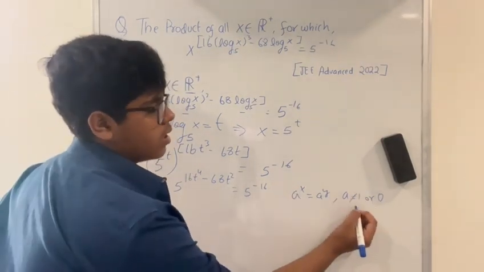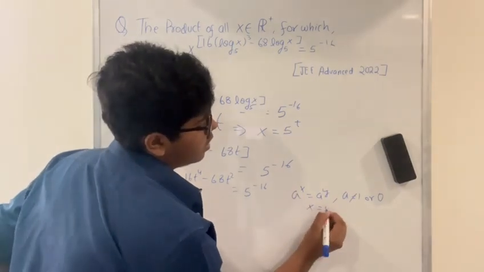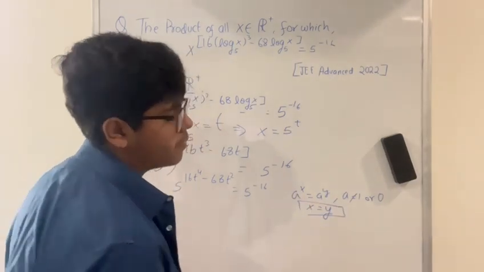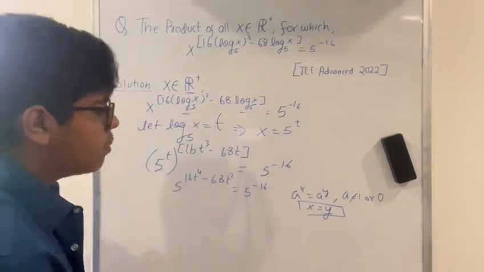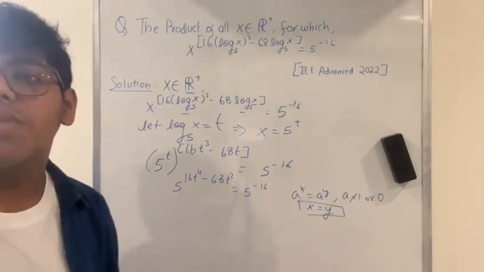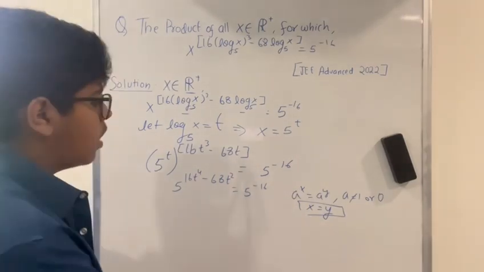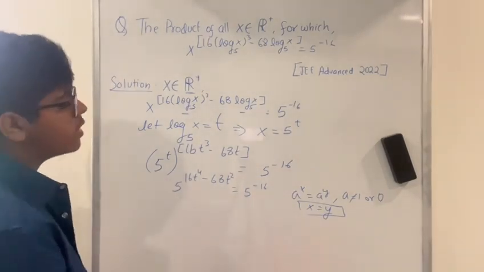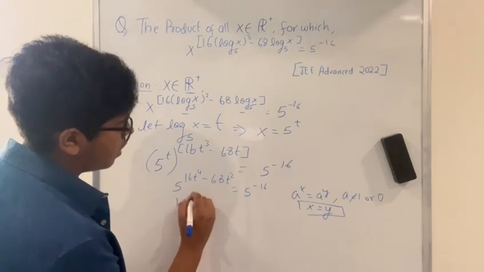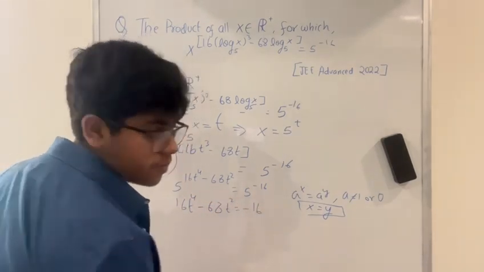But if a is not equal to 1 or 0, then x should be equal to y, right? Because if you raise 1 to the power of anything, it will always be 1, same as the case with 0, right? Now using this result, we can say that 16 t to the power 4 minus 68 t square is equal to minus 16.